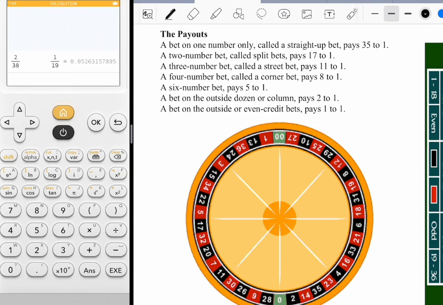Then I would have gotten 35 to 1 as a payout, right? So if I take my wager and multiply it by the payout odds, that tells me how much money I would have gotten. So I would get $3,500.